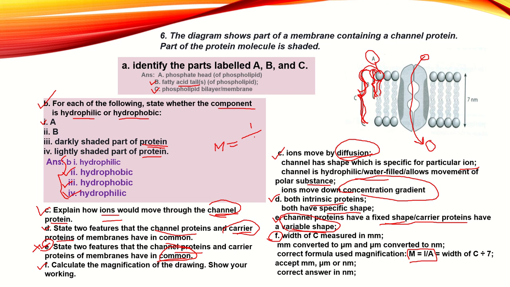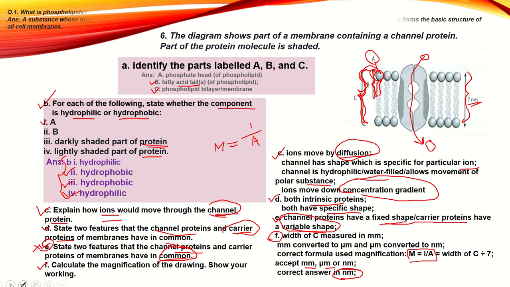Here I is the width of C divided by 7. It is in millimeters, and if you change it, the answer will be in nanometers. This shape is 7 nanometers, the thickness of the cell membrane.